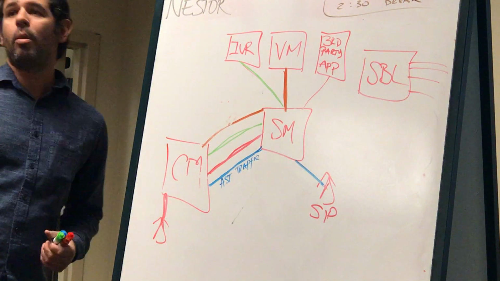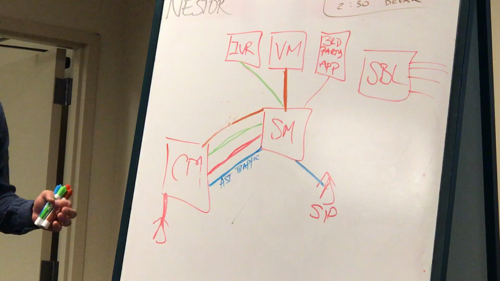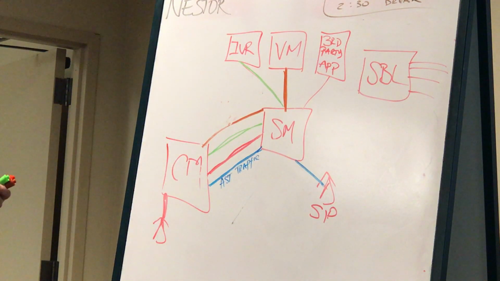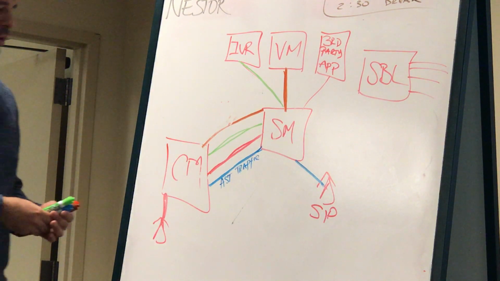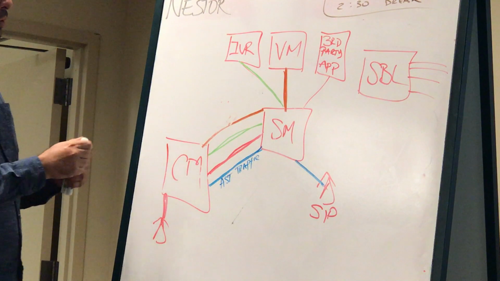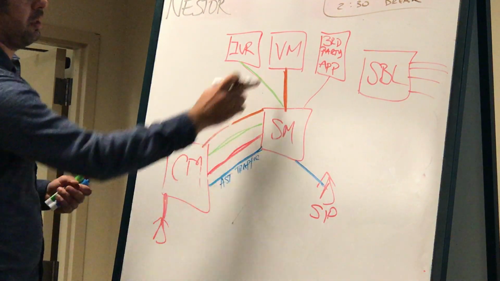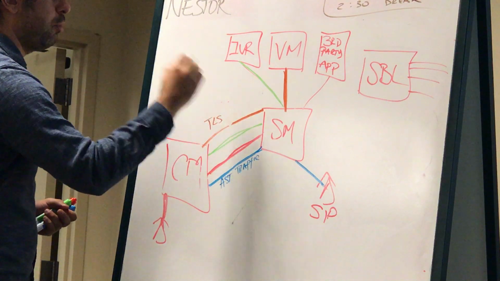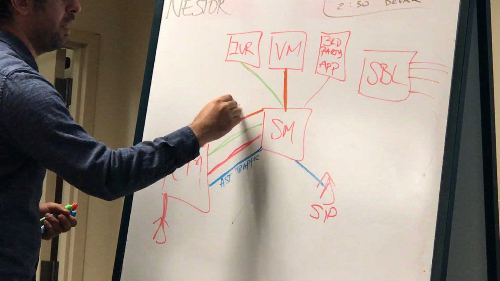So there are two approaches to accomplish this. One approach is known as port-based routing. What you could do is say, okay, this trunk, the one for voicemail traffic, is going to be TLS, port, let's say 5061.